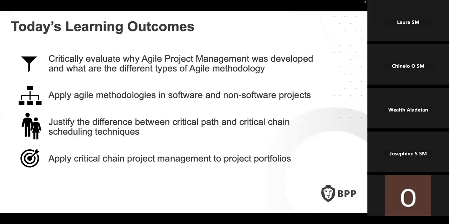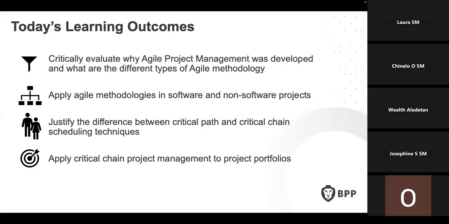So eventually, you will be able to critically evaluate why Agile project management was developed in the first place and what the different types of Agile methodology are. I know you've gone through some sessions where they've explained some of these to you. In addition to that, you will also be able to apply agile methodologies in software and non-software projects. Just an idea.